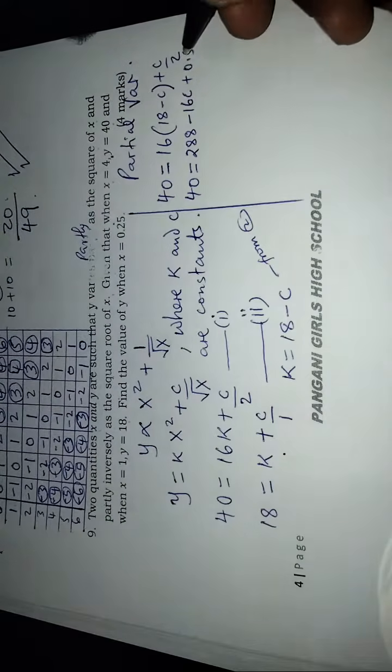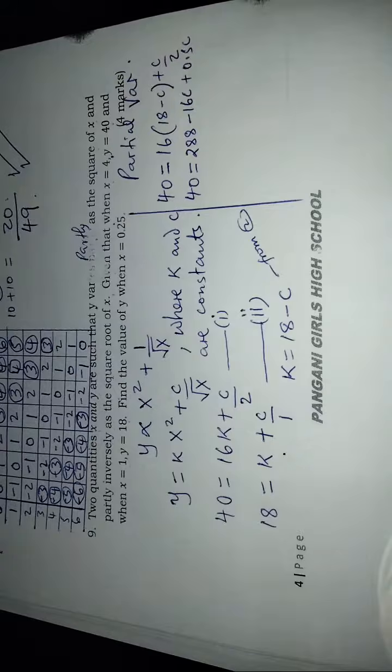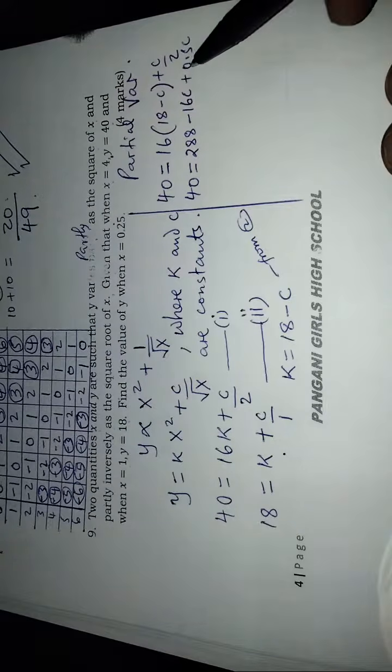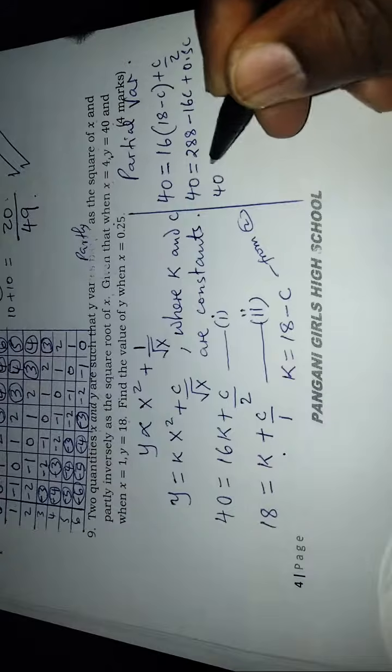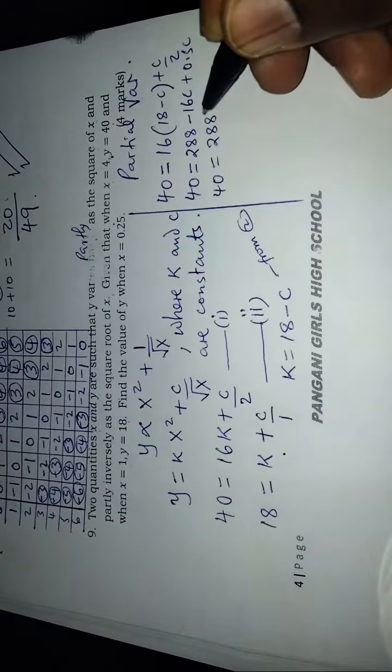This is 0.5c. So we can talk of now negative 16 plus 0.5 giving us negative 15.5c. So we have 40 equals 288 minus 15.5c.